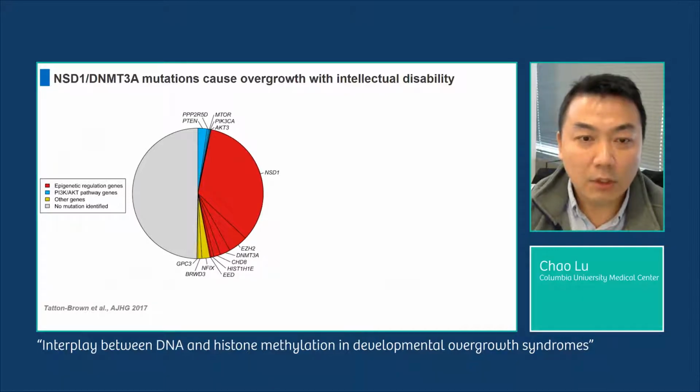And among the genes known for those overgrowth syndromes, a large part of them are related to epigenetic regulation. And we can see on this pie chart that various chromatin and DNA modifying enzymes such as NSD1, EZH2, and DNMT3A, which is responsible for TBRS, are all mutated in various forms of overgrowth syndromes.